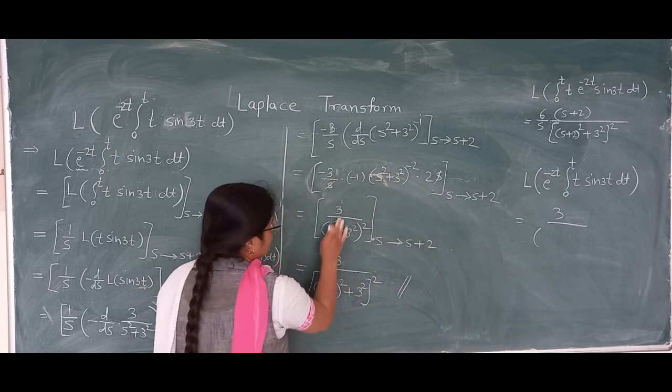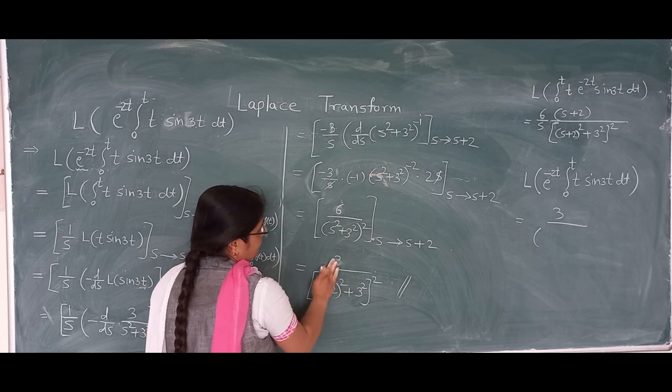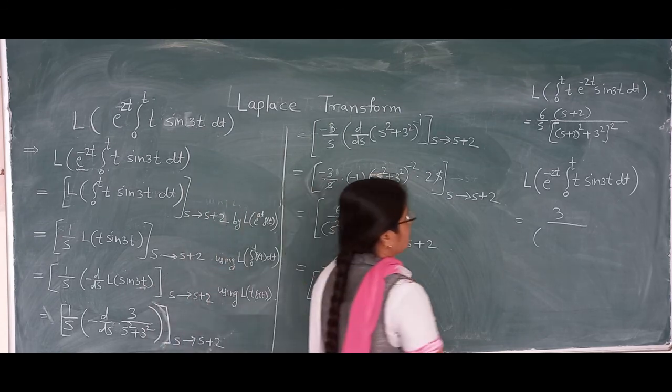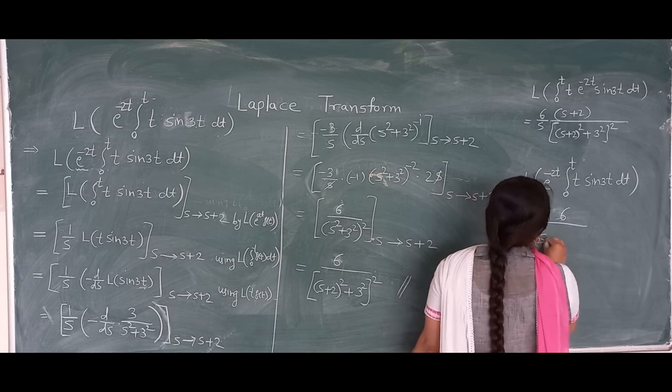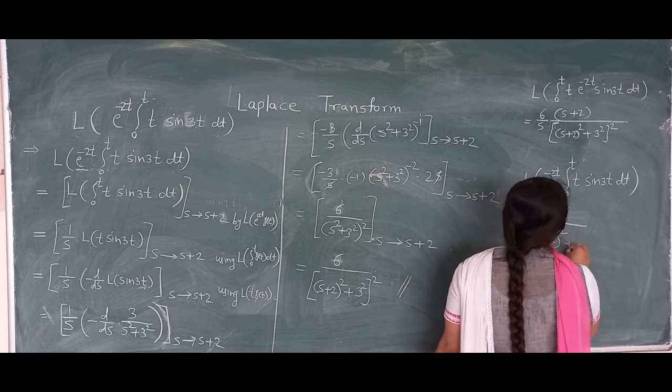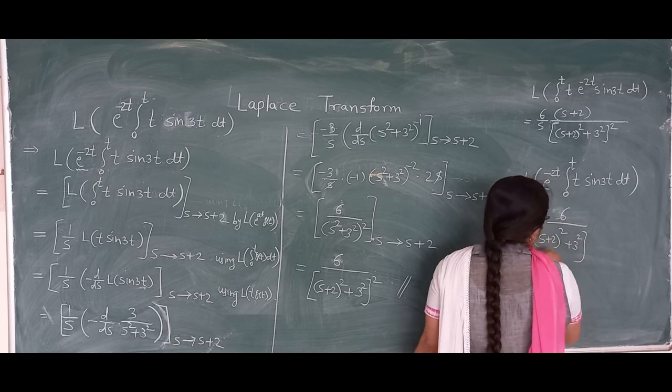Yes, okay, it should be 6. So this is 6 upon ((s plus 2) bracket square plus 3 square) whole square.